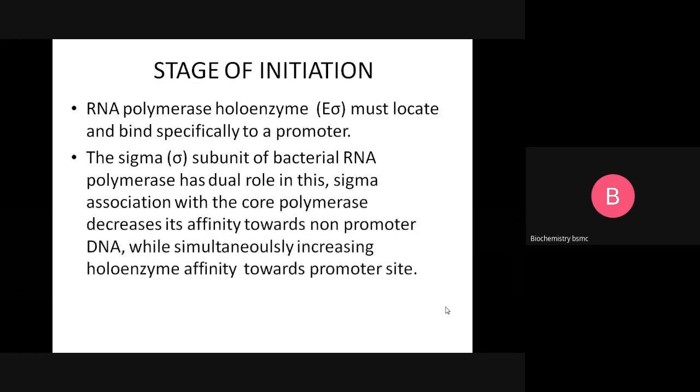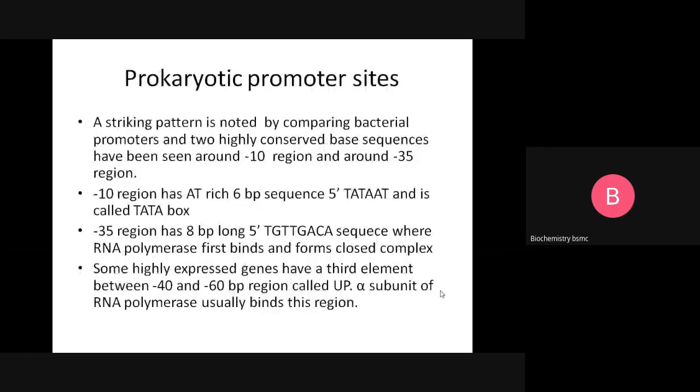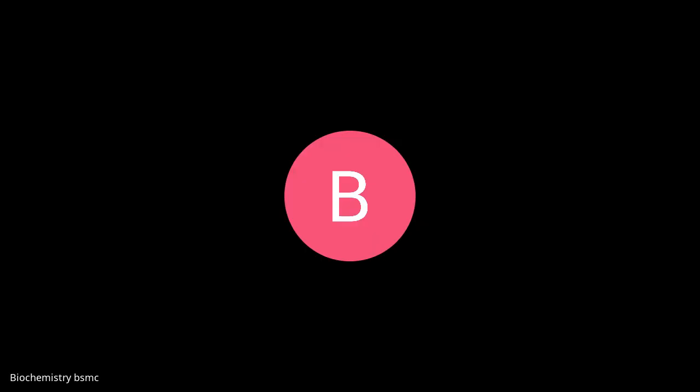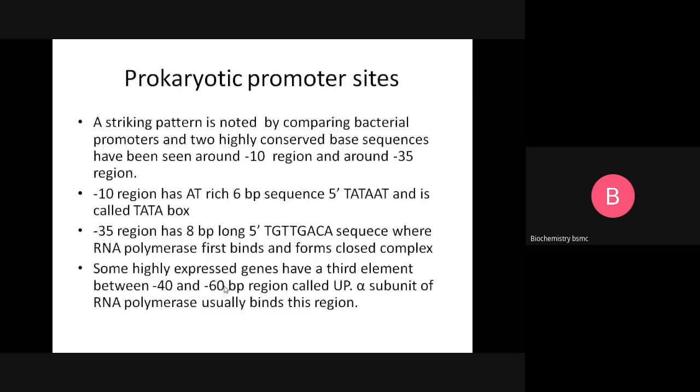And also, regarding the discussion of the promoter, there is a -10 region, there is a -35 region, and even another region around -40 to -60, called the UP or upstream element. UP, not Uttar Pradesh, but upstream element. It is a significant element because of the alpha subunit of RNA polymerase.